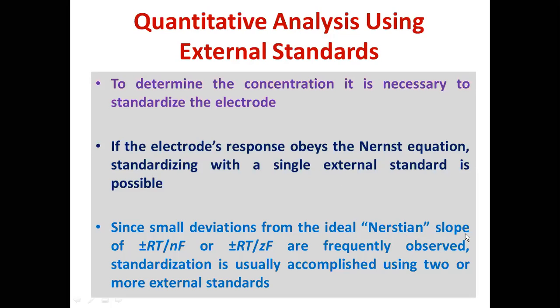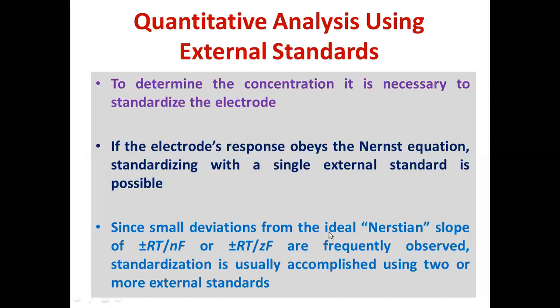That calibration line will give you a slope value of plus or minus RT by nF, or plus or minus RT by zF, where n is the number of electrons or z is the charge on the analyte. If the experimentally obtained slope is almost identical to plus or minus RT by nF or RT by zF, then you can say the calibration line is ideal, otherwise it will be non-ideal.